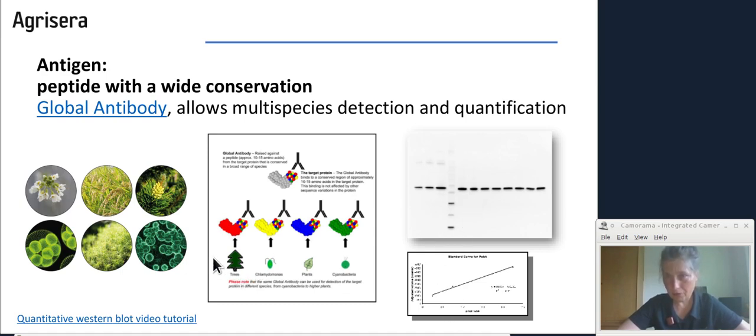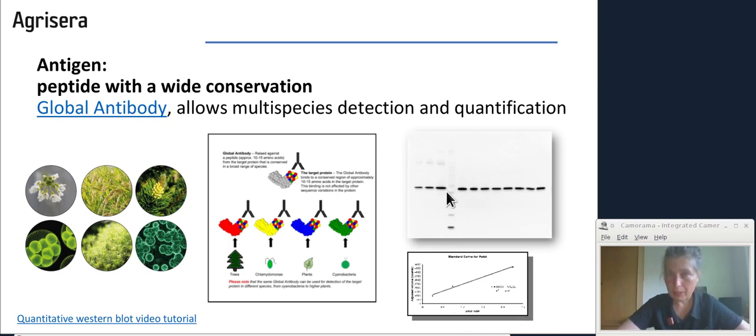In the case of, for example, the Rubisco antibody, which is one of the most published Rubisco antibodies in the world, a very short peptide has been chosen which is conserved in a wide species range. And this antibody, combined with a protein standard, will allow for quantification of Rubisco using a quantitative Western blot technique.